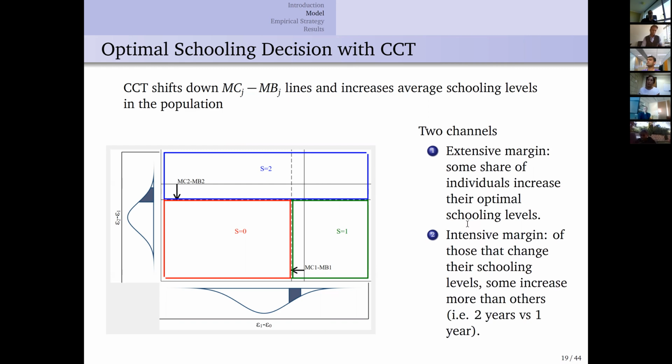Of those people that actually do change their schooling levels, some increase it by more than others, right? So some will increase from 0 to 2, while others will increase by only 1 year of schooling. So that's what I'm going to call the intensive margin effect. And what I was describing to you about these shaded areas has to do with the extensive margin effect. So these shaded error terms here, those are the people that are just changing their levels of schooling to something else.